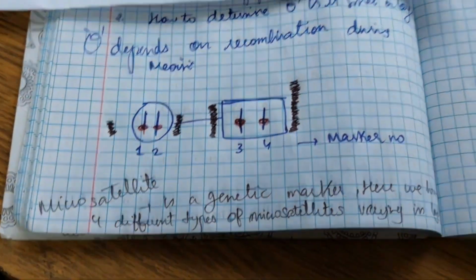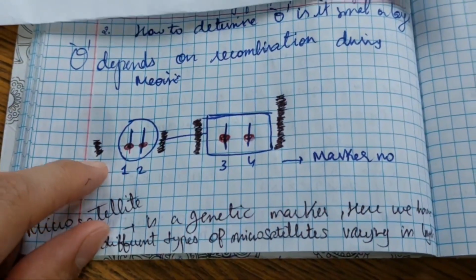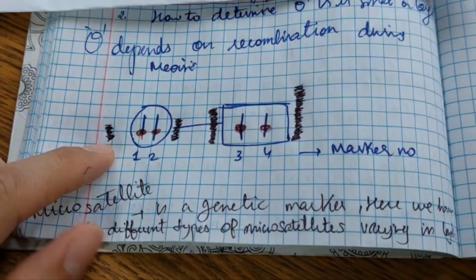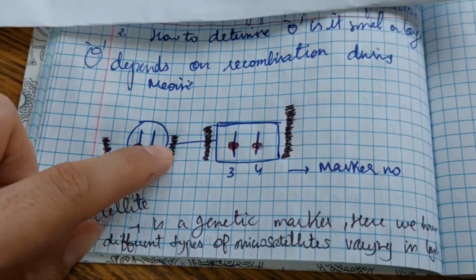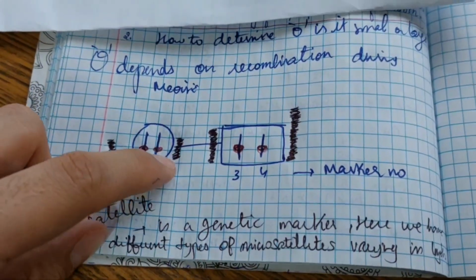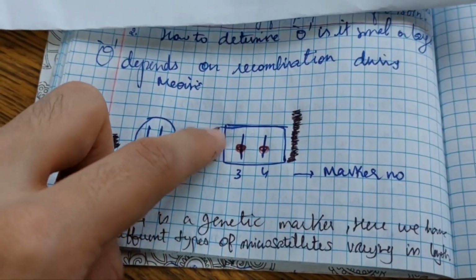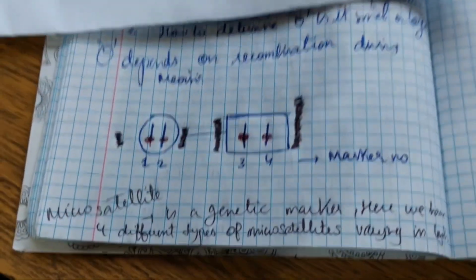As we can see here, for example, they have a particular repeat, for example ATG ATG ATG. The number of ATG repeats is less in genetic marker number 1. In genetic marker number 2, the number of ATG repeats is even more than 1, in genetic marker number 3 it is more, and in genetic marker number 4 the ATG repeats are more.